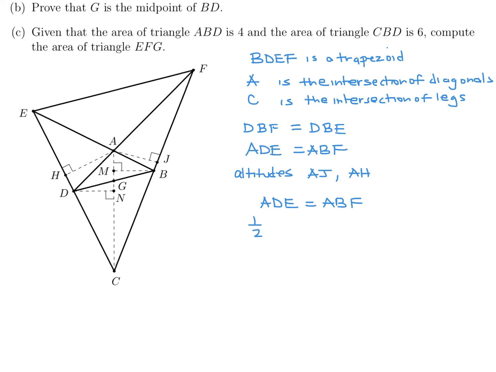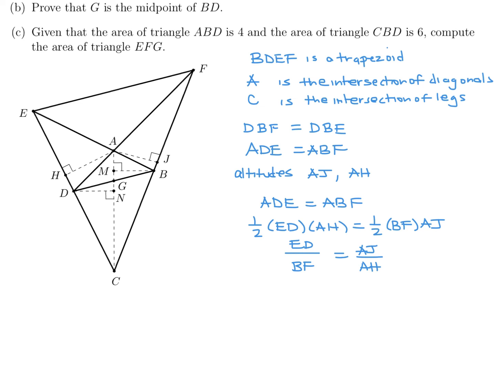So for ADE, we can use ED as the base, and the height, we can use the AH. And on ABF, we can use BF as the base, and as the height, we can use AJ. Correct? And then when we rearrange this, we get basically ED over BF is AJ over AH.